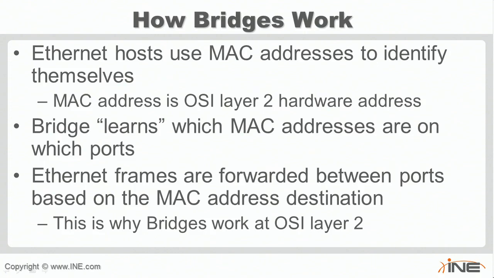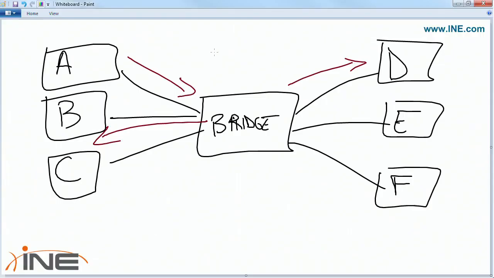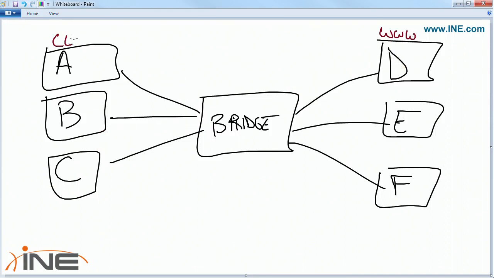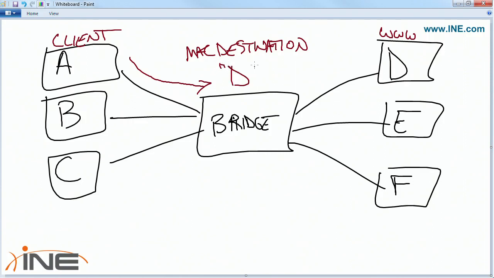So before it can send packets between A and D, so if I have my web server here on D and my client is at A, when I try to send a packet in this direction, the bridge is going to look at the destination MAC address, and it's going to say the destination is D, and I know that D is connected on this interface.